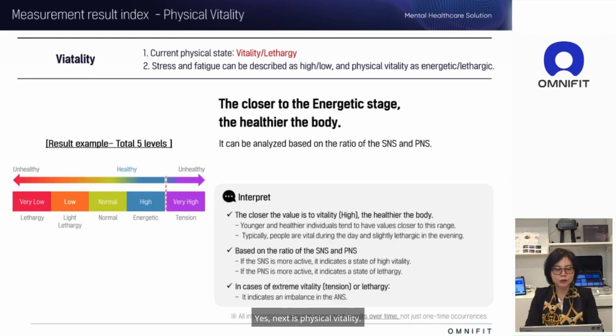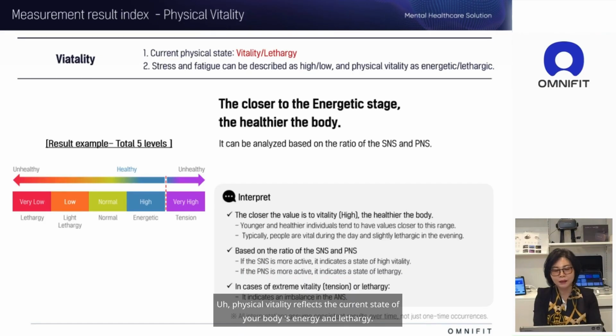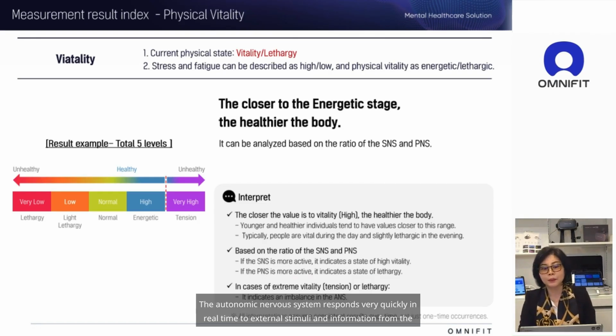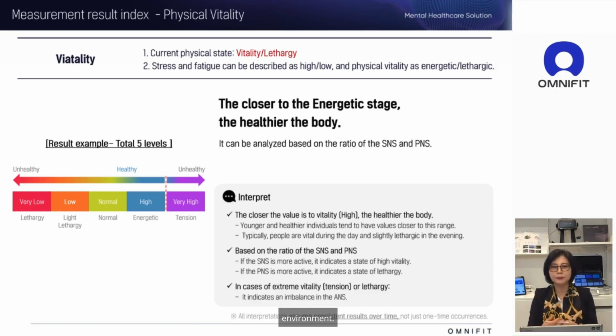Yes, next is physical vitality. Physical vitality reflects the current state of your body's energy and lethargy. The autonomic nervous system responds very quickly in real time to external stimuli and information from the environment.